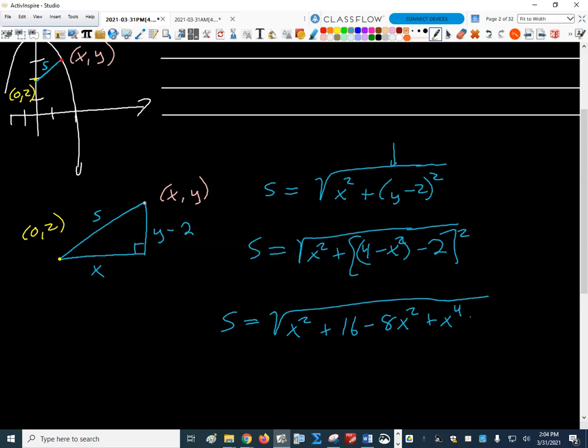And then I've got my minus, oh, whoops, you know what I did there? I messed that up. I squared the wrong thing. We've got y minus 2 that's being squared. So that's 4 minus x squared minus 2. What does that all work out to be? 4 minus x squared minus 2 is what?